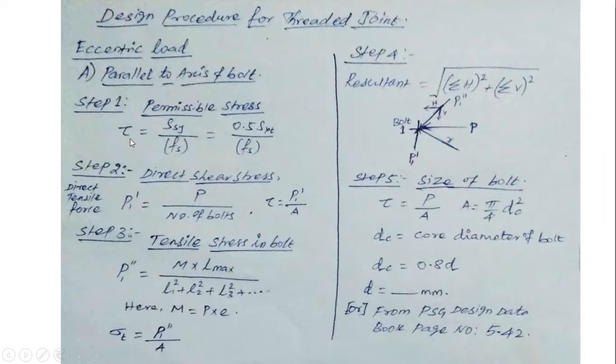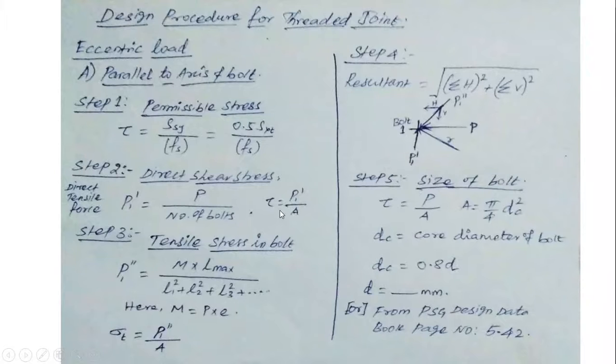Then step 2, direct shear stress. Direct shear force P1 dash equal to P2 dash equal to P3 dash and so on, equal to P divided by the number of bolts.